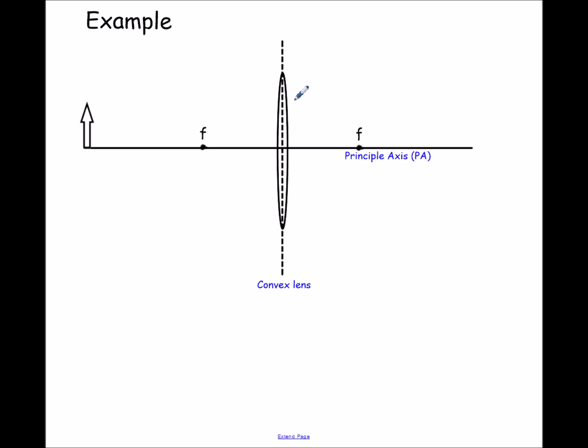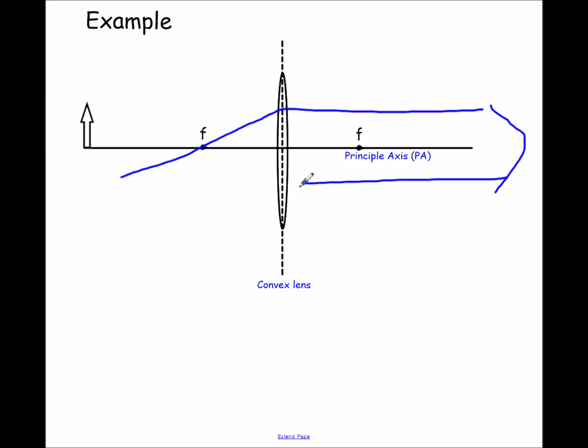Because I have a convex lens, I drew two focal points. Here's what you want to think about. If I had a light over here, shining towards the lens, all of the light rays that went through would focus through this point right here. So all the light rays would go to that point, and there is a focal length on that side of the lens.